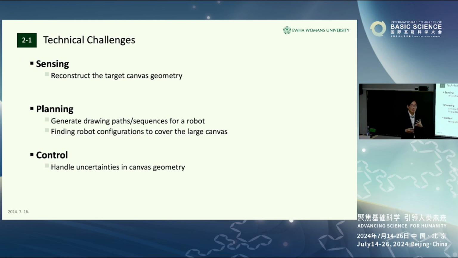So you have to somehow cope with those uncertainties from this sensing. In our case, we use robotic control to compensate for those uncertainties that may exist in the sensing or even the robotic motions. So you have to answer all these questions to successfully create such a system.